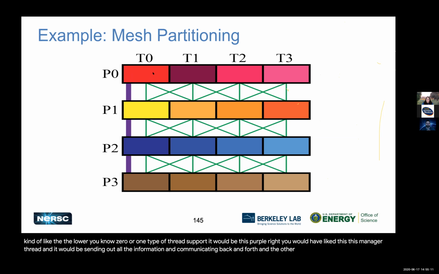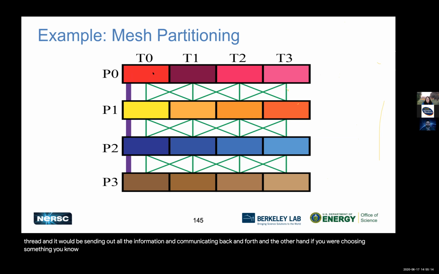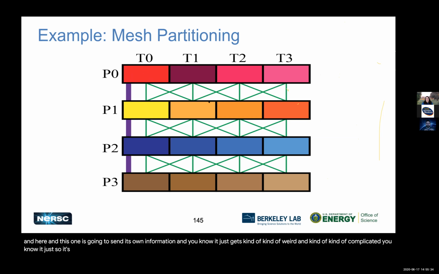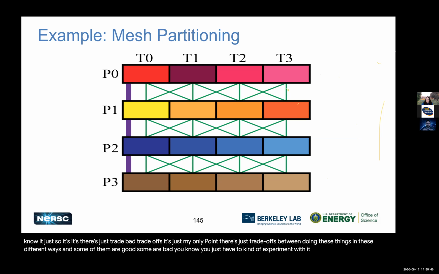On the other hand, if you were choosing 2 or 3, you might have a free-for-all where this thread is going to send its information here, and this one is going to send its own information, and it just gets kind of weird and complicated. So there are just trade-offs between doing these things in these different ways, and some of them are good, some of them are bad. You just have to experiment with it and see how you go.